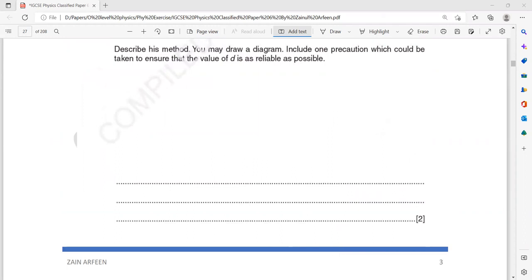Then how can we make the results as reliable as possible? So we should avoid a parallax error. We should look perpendicular, and we should repeat the experiment. It's not only one, avoid parallax error and repeat the experiment.